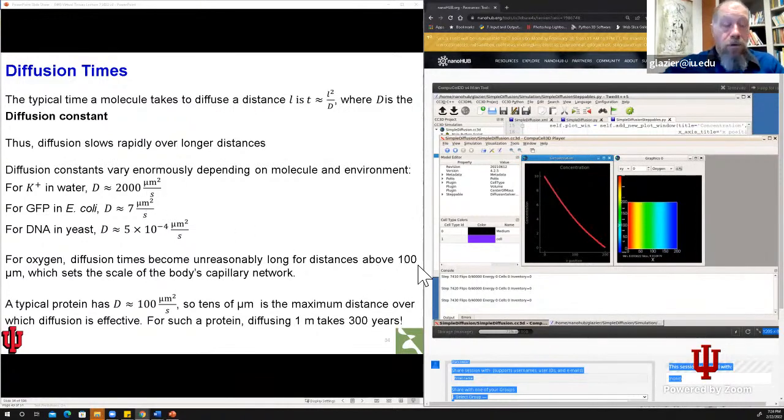So to go 100 microns, oxygen takes 10 seconds. To go 1,000 microns, 1 millimeter, how long will it take? Assume D is 1,000, not 10,000. How long does it take to go 1,000 microns?